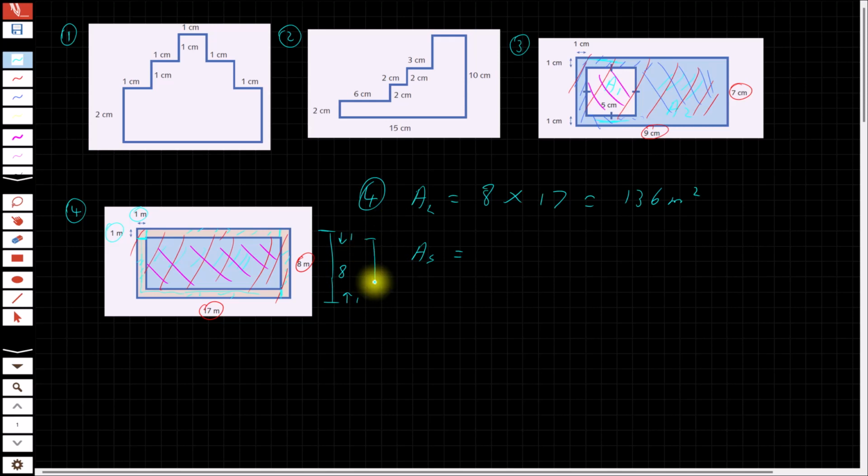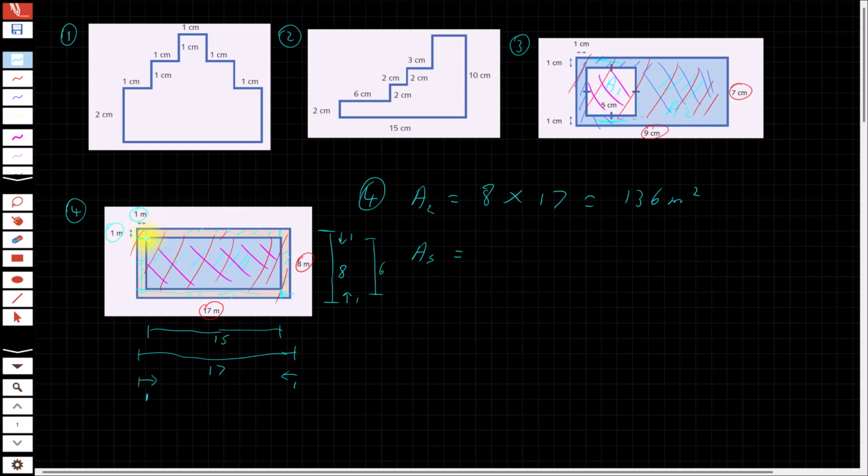So the distance from there to there is 6. What about the distance from here to here? Well, we know the distance from there to there is 17, but we move in 1 unit there, and 1 unit there. So 17 take 1 is 16, 16 take another 1 is 15.